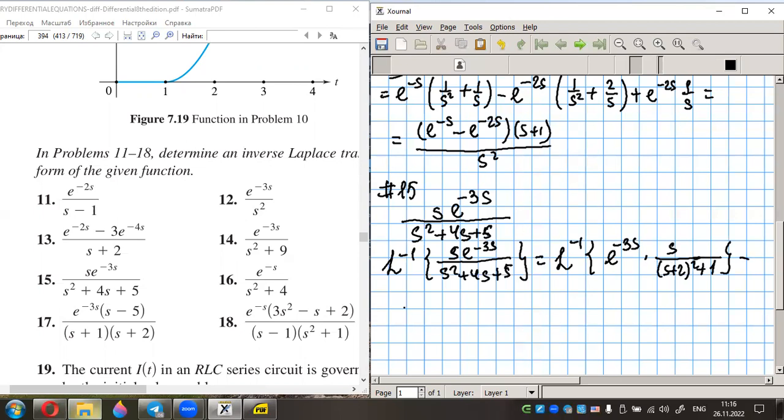And this equals the inverse Laplace of e to the minus 3s times (s plus 2) over (s plus 2) squared plus 1, minus e to the minus 3s times 1 over (s plus 2) squared plus 1. Is it clear?